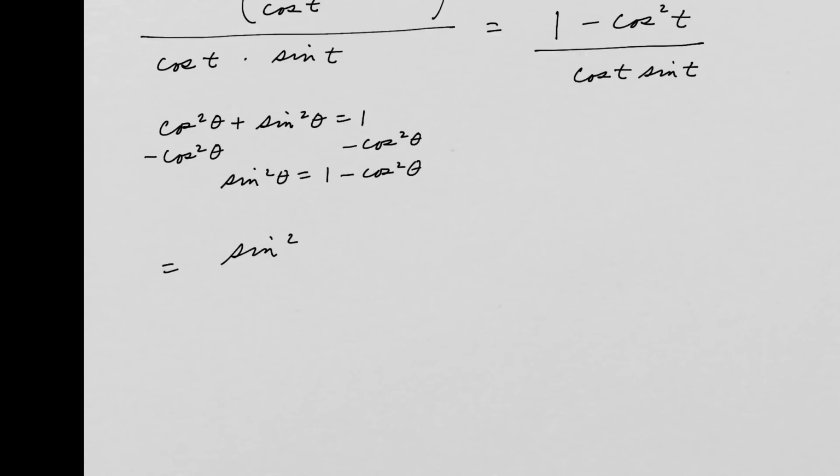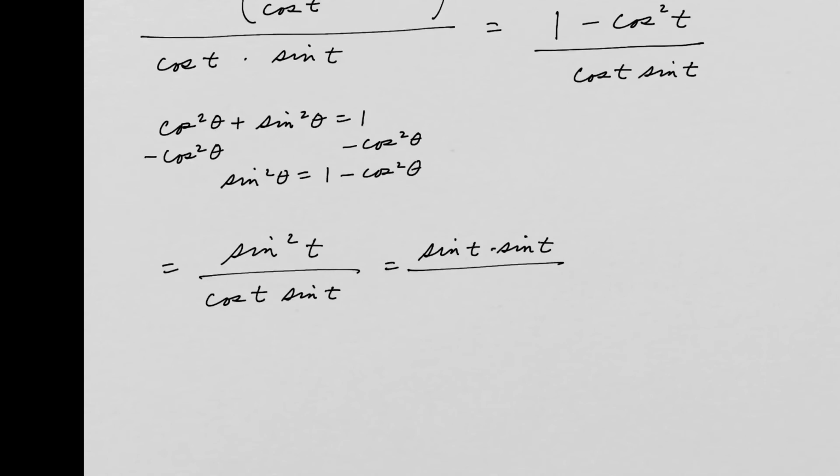So I have sine squared of t divided by cosine of t times sine of t. Now, one of those sines can cancel. You can think of sine squared of t as sine t times sine t, so one of them cancels.